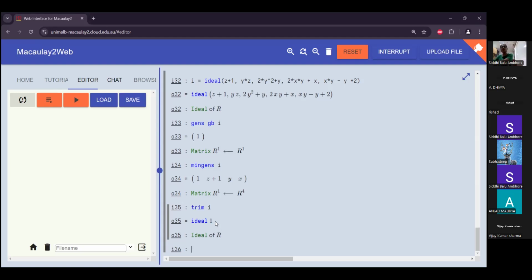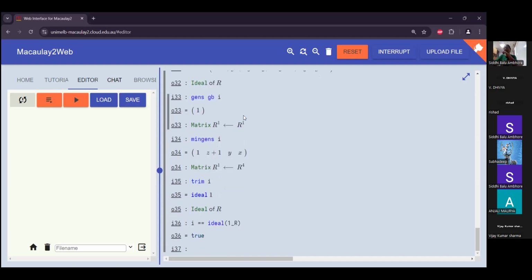Yes, I mean, you can also do this. Ideal, okay. Whether I is equal to the ideal generated by 1 in the polynomial ring R, okay? And it's true. Okay, ideal generated by I is equal to this ideal generated by 1R. So it is the entire ring, in fact. Okay, and its subset also works, as Subhadeep suggested.